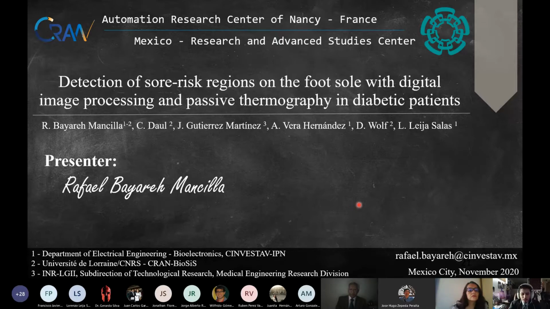So it supports the idea of developing a 3D model, and that it's important not to focus only on a specific region. That's a problem that remains in 2D thermography, where we only have a single perspective, instead of a 3D model where we have a whole perspective of the lower limb.